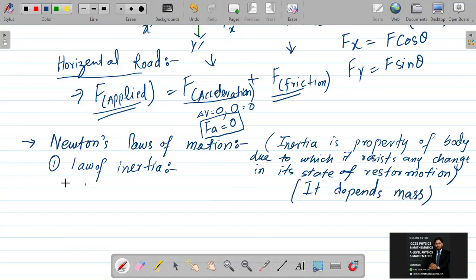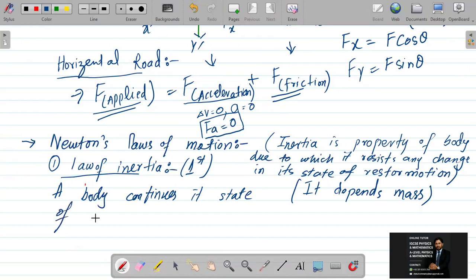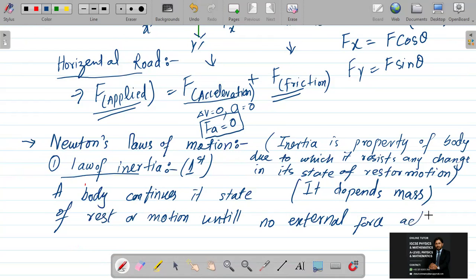And the law of inertia, or Newton's first law, states that a body continues its state of rest or motion until no external force acts on it.